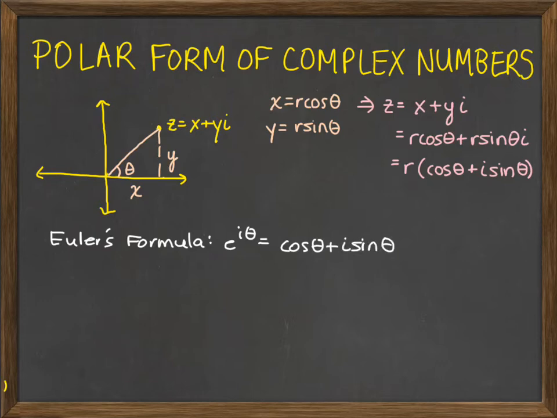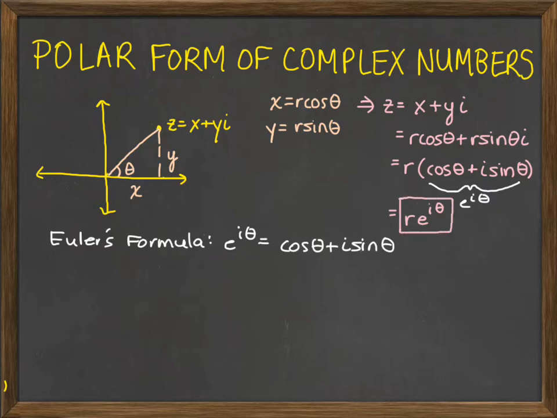And so if we look back at the above, we can substitute this cosine theta plus i sine theta with e to the i theta using Euler's formula. And so if we're writing a complex number in polar form, instead of writing it x plus yi, we're going to write it as r e to the i theta, where r is the modulus, or the distance from that point to the origin, and theta is the angle that is created.